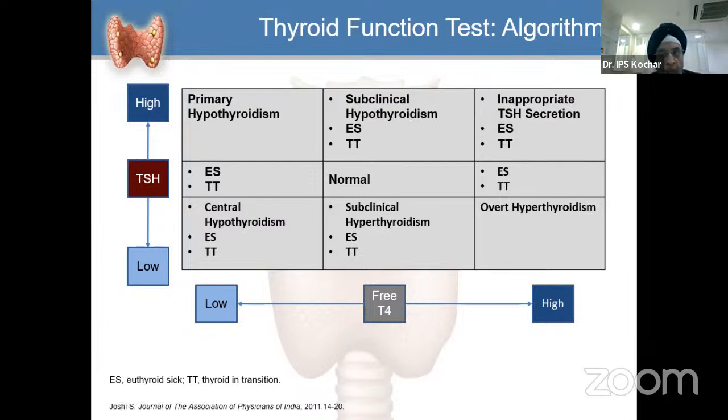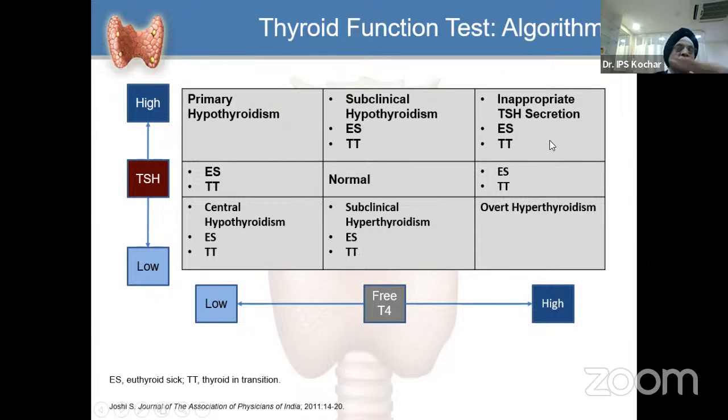If you have a low TSH and a normal FT4, it is called subclinical hyperthyroidism. And then you have a condition which is very common. A doctor will phone up and say, sir, his TSH is high and his T4 is also high. So this is inappropriate TSH secretion. If you have a high TSH with a high FT4, that means inappropriate TSH secretion.